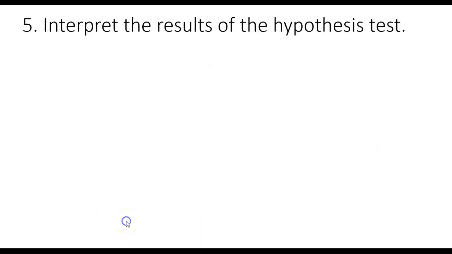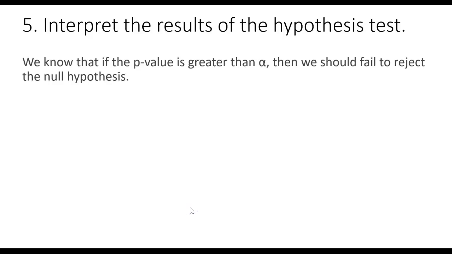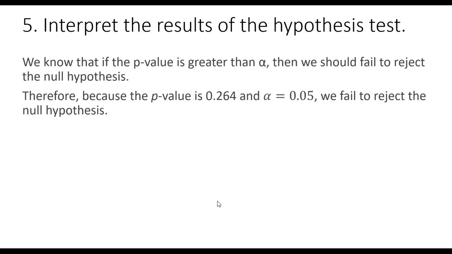So now, to interpret those results, we know that if the p-value is greater than alpha, we fail to reject. In the opposite way, if the p-value is less than alpha, then we would reject the null hypothesis. In our case, the p-value is 0.264 and alpha is 0.05.